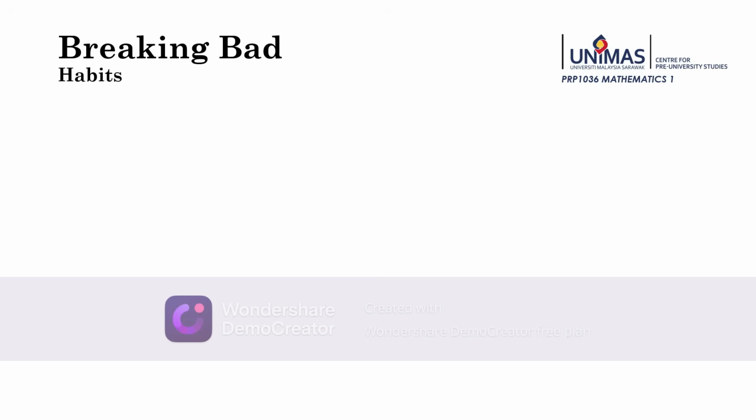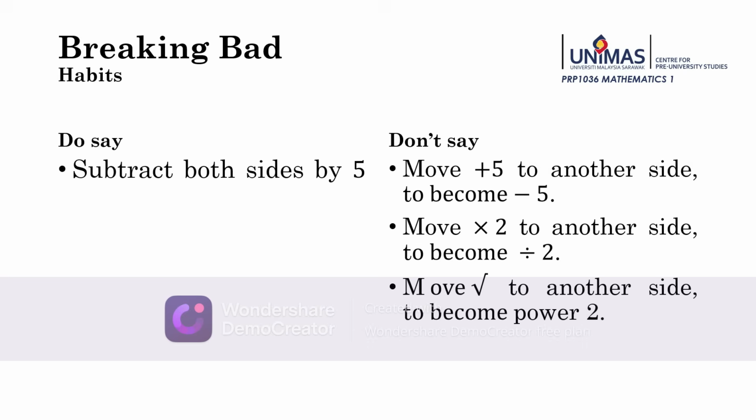How are we going to make it more clear? It's better that we say subtract both sides by 5, rather than say move positive 5 to the other side to become negative 5. And it's better that we say divide both sides by 2, instead of saying move multiply 2 to the other side to become divide by 2.